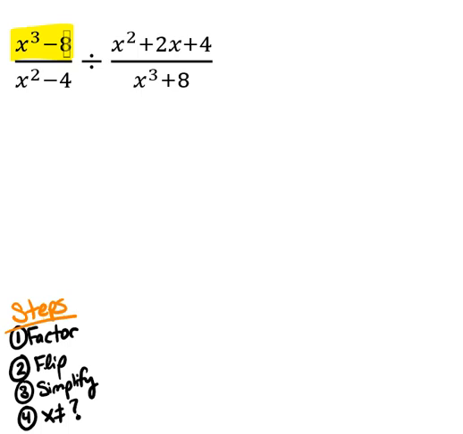So we're going to start off by factoring our first numerator. As we look at this, we have an x to the third, which is a perfect cube, and we have an 8, which is also a perfect cube. And because we have a minus sign, that means we have the difference of cubes. So this should be pretty easy to factor once we take the cube root of x to the third and the cube root of 8.